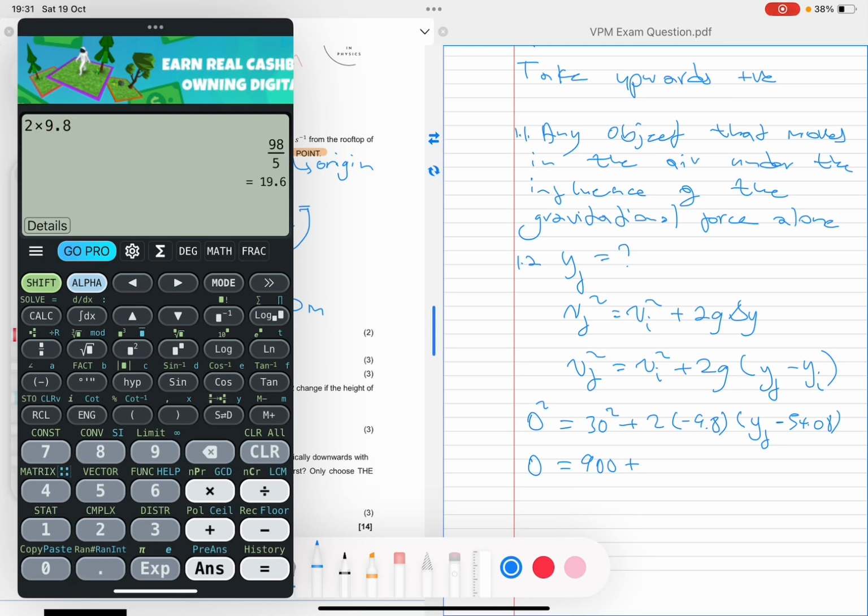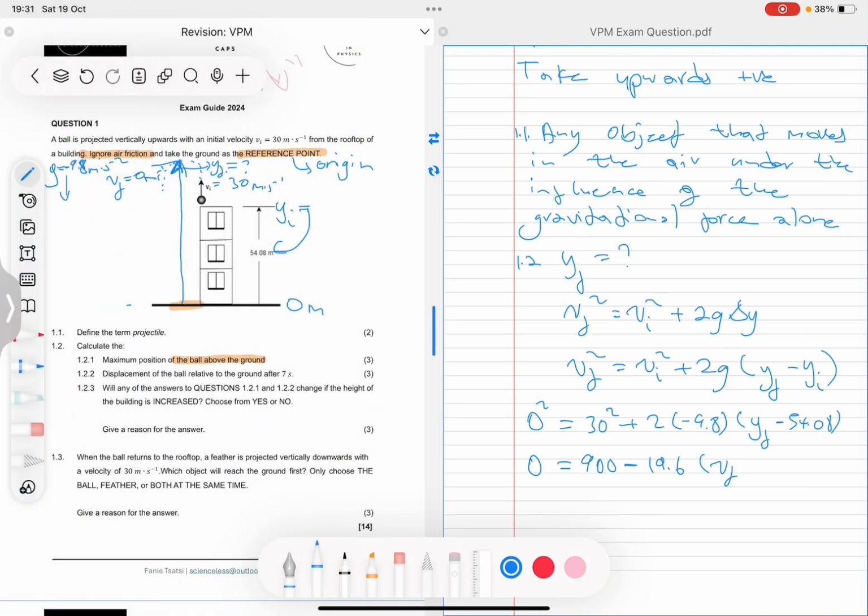Actually this whole thing will then be a negative, because this positive and this negative will turn into a negative 19.6, and here I'll have not v but y, the final position, which we're trying to look at, the final maximum position there, minus 54.08.